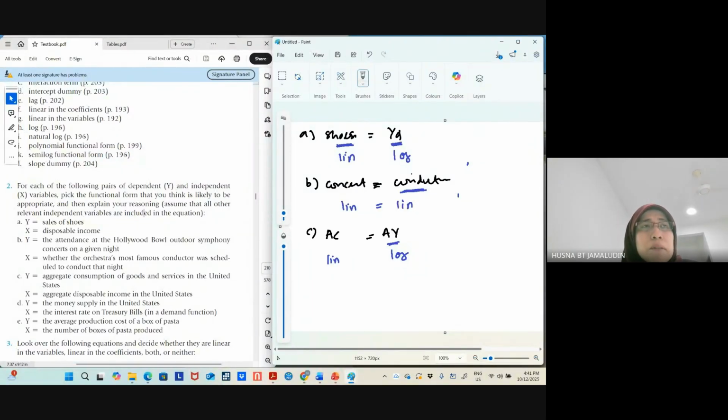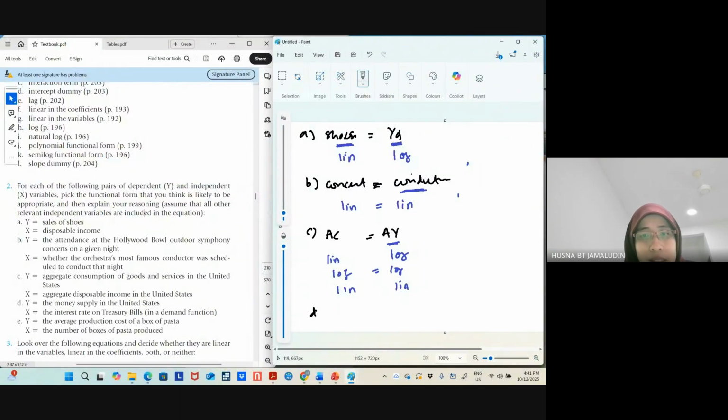So macro variable, you are talking about many countries, right? When it is macro, normally the amount will be large. So in common practice, you're going to apply log. You can also have lin-log. You can also have lin, but not so common.